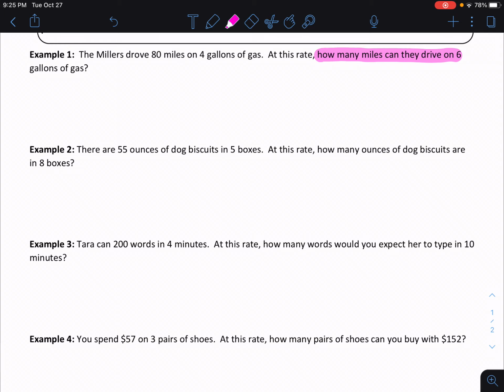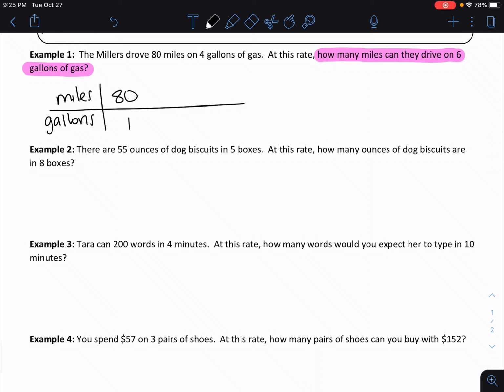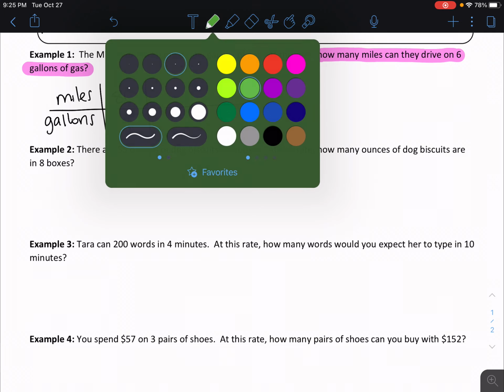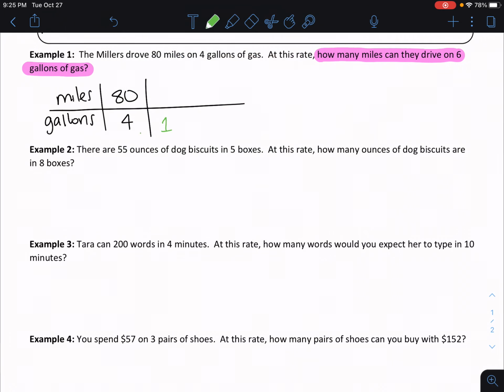So here's my question. So I've got miles, gallons, 80 miles on 4 gallons. And then I want to get a 1 here first. Let me change the color really quick. I want to get a 1 here first. So I'm going to divide by 4. And I get 20.